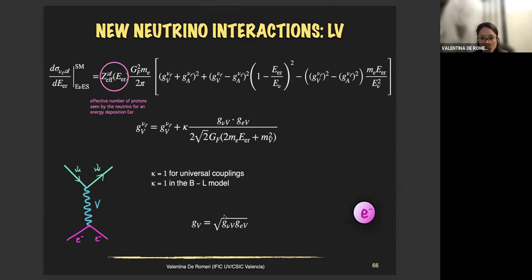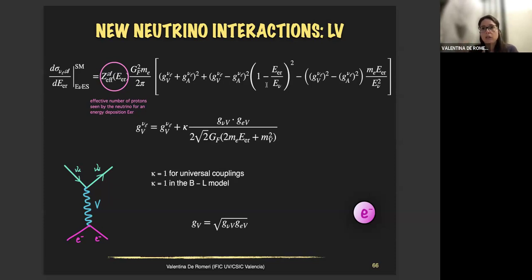Okay, let me now comment on something else. Of course, all my seminar is based on the CEvNS process, but let me now also introduce this extra process, which is electron-neutrino elastic scattering. In the standard model, the cross section for this process, given here, is smaller than the CEvNS one at neutrino energies where CEvNS can be induced.